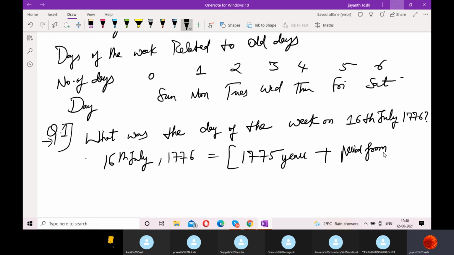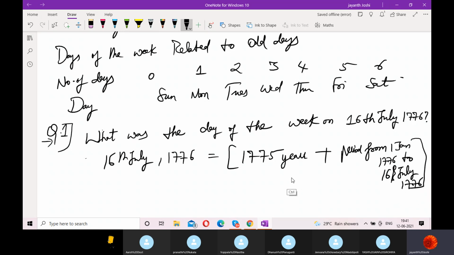My only concept here is to find out odd days. If I come to know how many odd days there are, I would get my answer. There are a lot of concepts involved here. So this period I need to check.